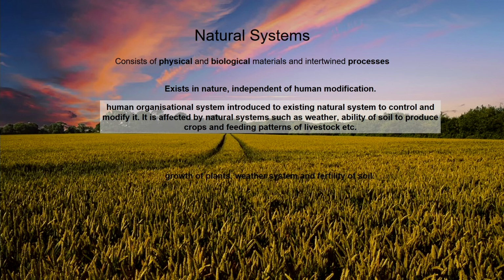Because I am introducing a human organizational system over there, agriculture comes out of the natural systems and becomes a man-made system. But in this particular system, the system exists because of the interactions that it has with the natural system.